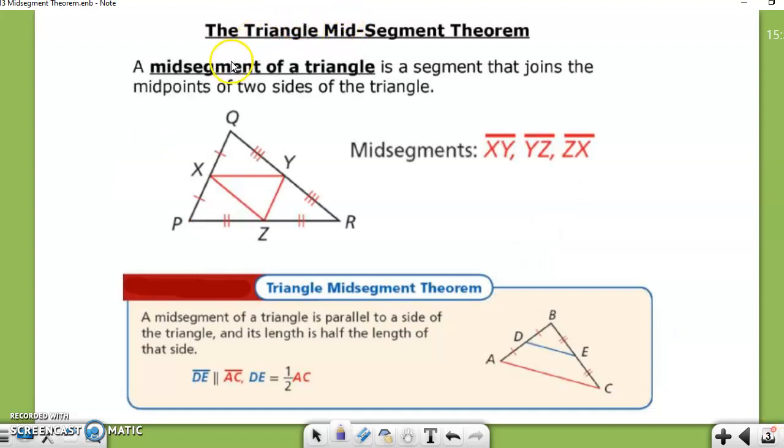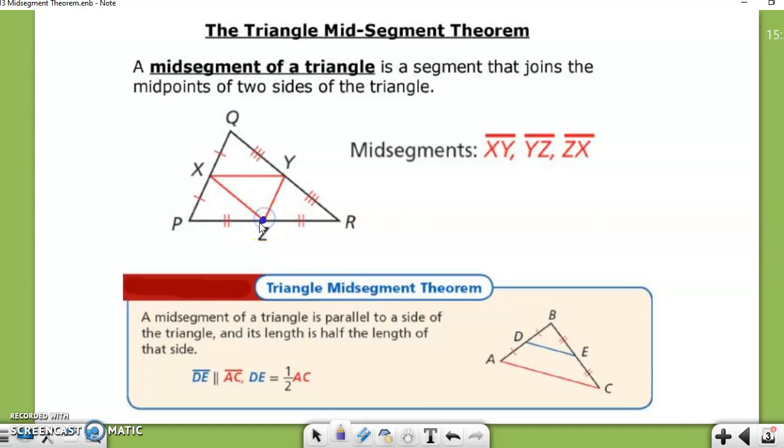So the triangle mid-segment theorem. First of all, the mid-segment of a triangle is a segment that joins the midpoints of two sides. So let's look at QR here and PR. These are two separate sides. This YZ, you see how it cuts QR into two equal pieces? You can see that by the notation. And it also cuts side PR into two equal pieces, meaning it's the midpoint.